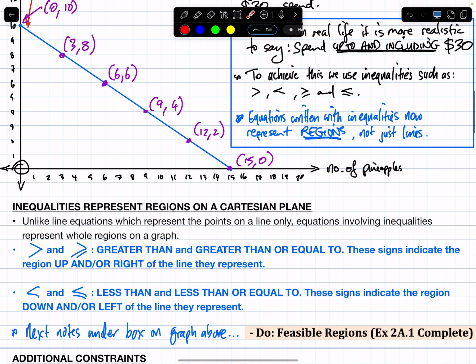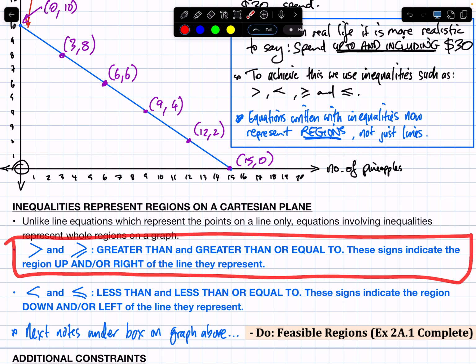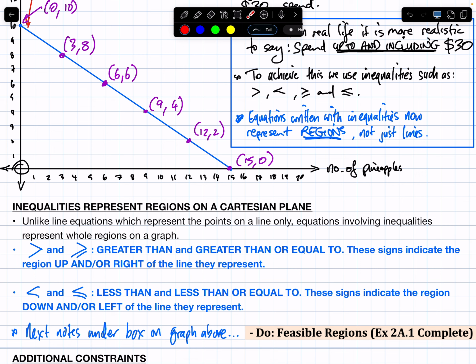So get these 2 points, and then I want you to help me colour in and tell me what regions we're talking about in the graph above. So get these 2 points here. Greater than or equal to means that you're colouring in up and or right of the line.